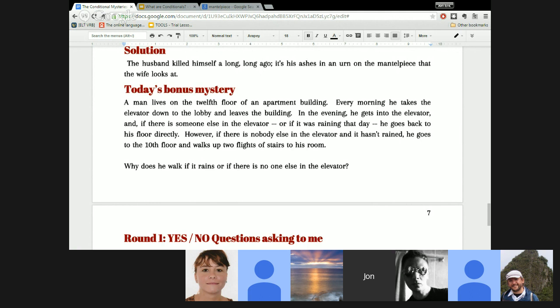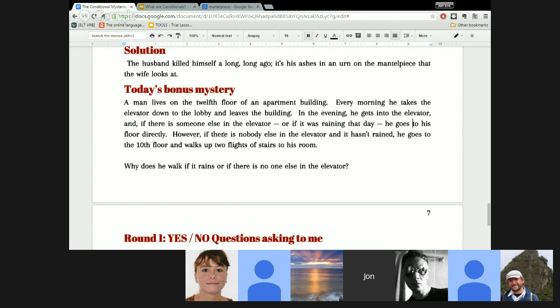Okay. Maybe. Let me make sure that I didn't miss anything in my description here. A man lives on the 12th floor apartment. Good. Every morning he takes the elevator down to the lobby and leaves the building. Good. In the evening he gets into the elevator, and if there's someone else in the elevator, or if it was raining, he goes to his floor directly.